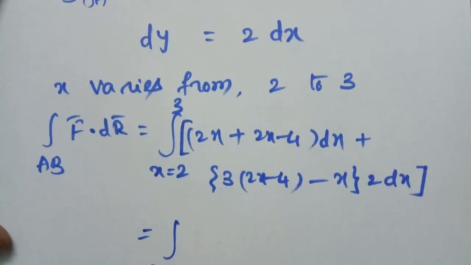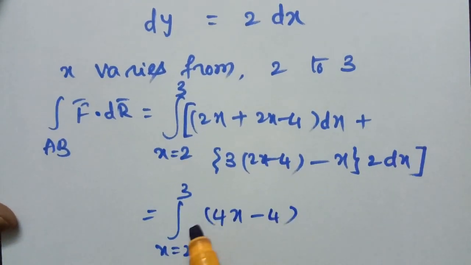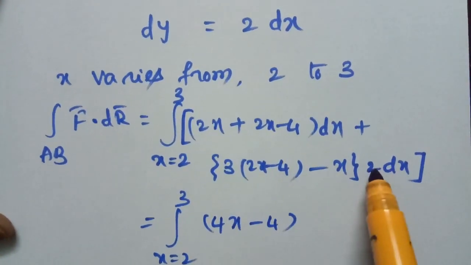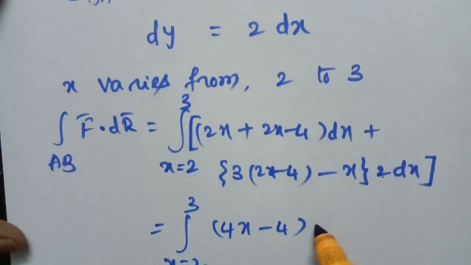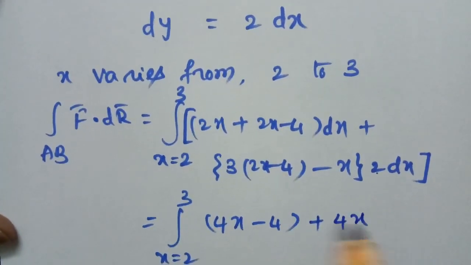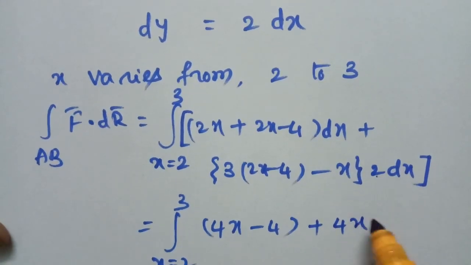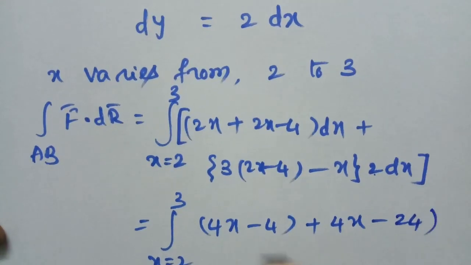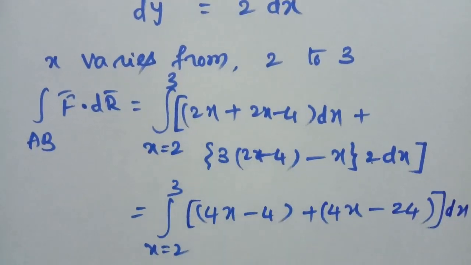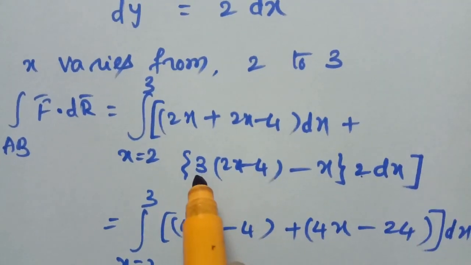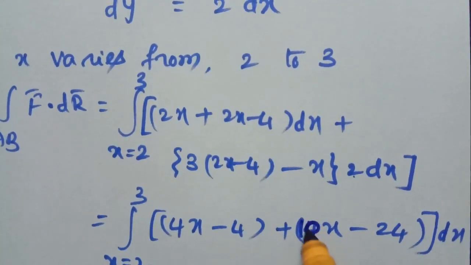Therefore, this can be written as the integral for x from 2 to 3 of (2x + 2x − 4) dx plus 2 into (6x − 12 − x) dx, that is 6x − 2x is 4x, and 2 into 3 is 6, 6 into 2 is 12, 12x − 2x, that is 10x.